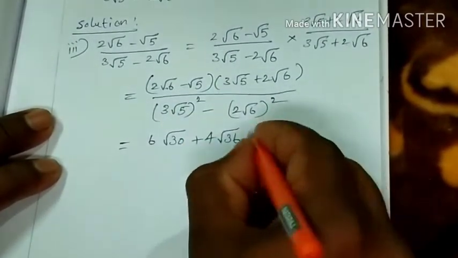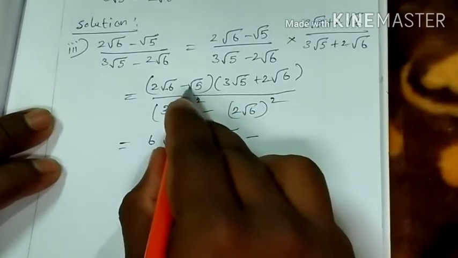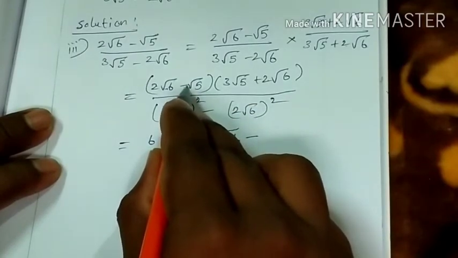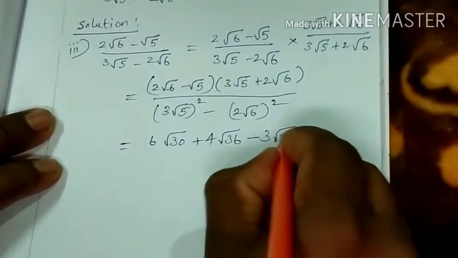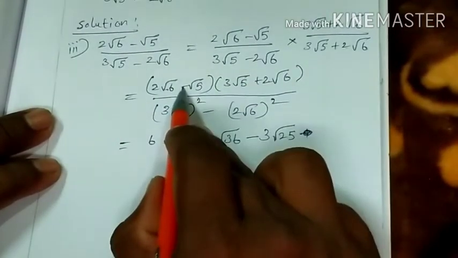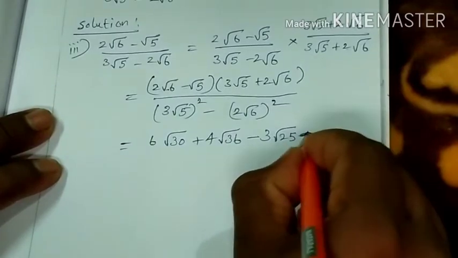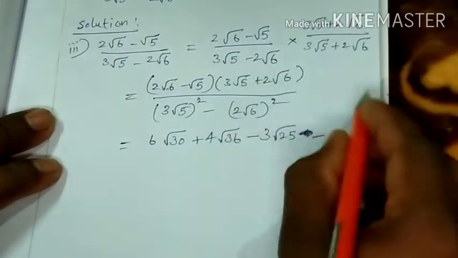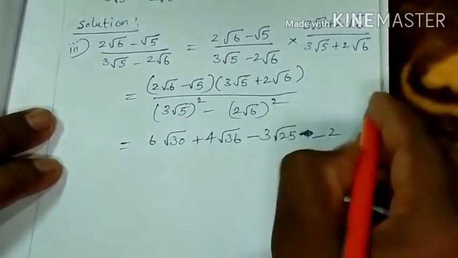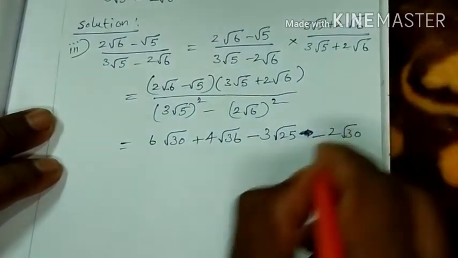Then minus into plus is minus. Then 1, this is a pure surd because the coefficient is 1. 1 three is 3 and √5 into √5 is √25. Then minus into plus is minus, √5 into √6. This has 2, so 2√5 into √6 is 2√30.